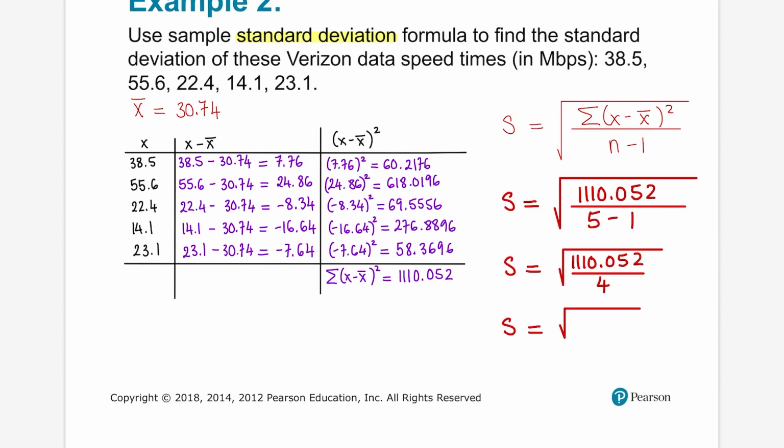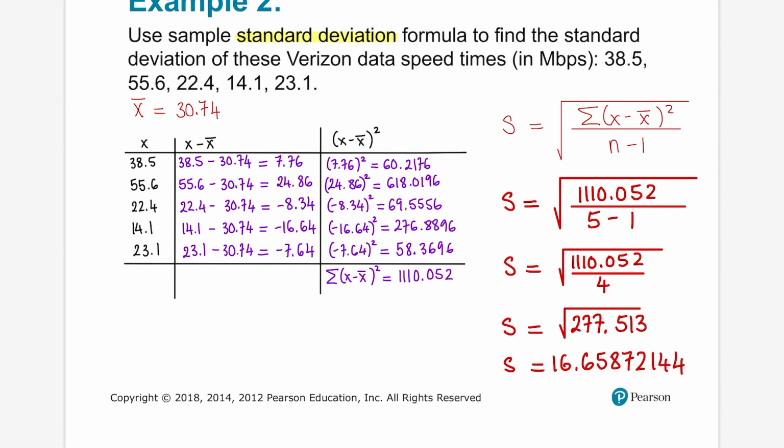So 1110.052 divided by 4, I get 277.513. And then I'll take the square root of this. My calculator gave me 16.65872144.